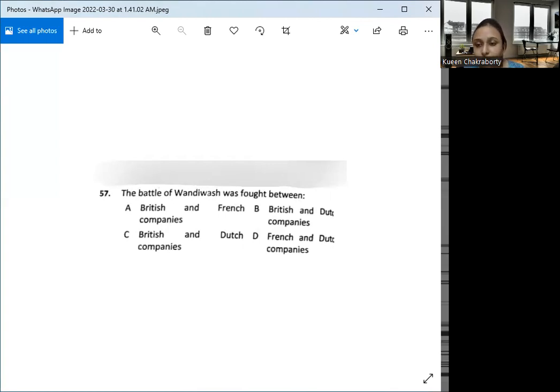The Battle of Wandiwash, fought on 22nd January 1760, was a confrontation between the French under the Comte de Lally and the British under Sir Eyre Coote. It was a decisive battle in the Anglo-French struggle in South India during the Seven Years' War, 1756 to 1763.